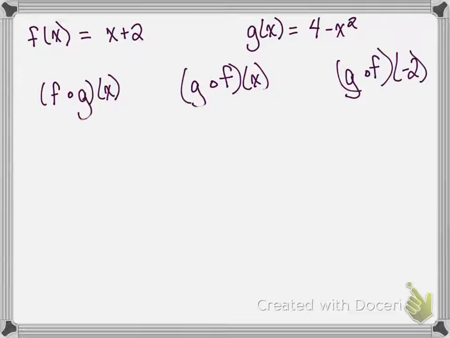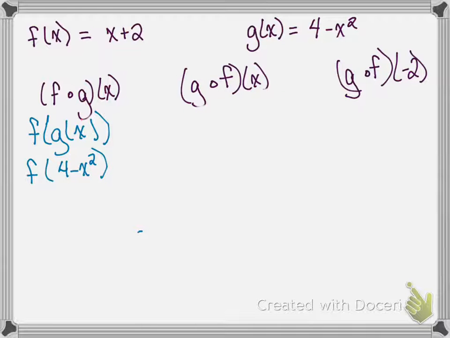The first one is f composed of g of x. Some students like to think of it as f of g of x. So I would take whatever g is, and then I would plug it in for what x is in f of x. So I am taking this right here, and I am plugging it in for that x right there.